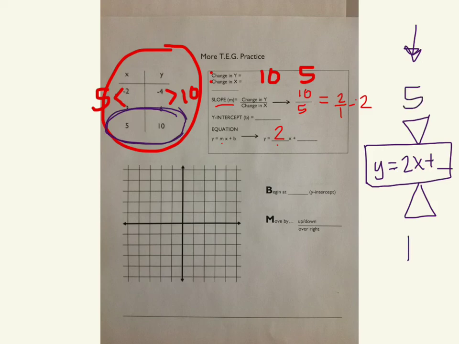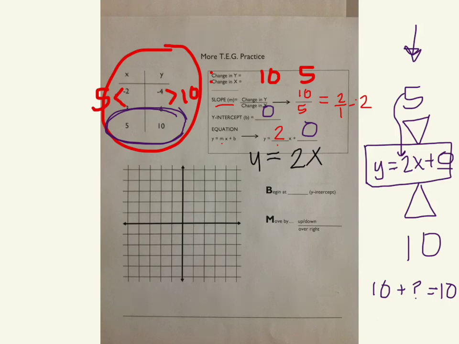If 5 goes in and 10 comes out, what happens to 5? Well, 5 times 2 is 10. 10 plus what number equals 10? Well, that number is 0. So our y-intercept is 0. So my equation is y equals 2x plus 0, or I could just write this as y equals 2x.